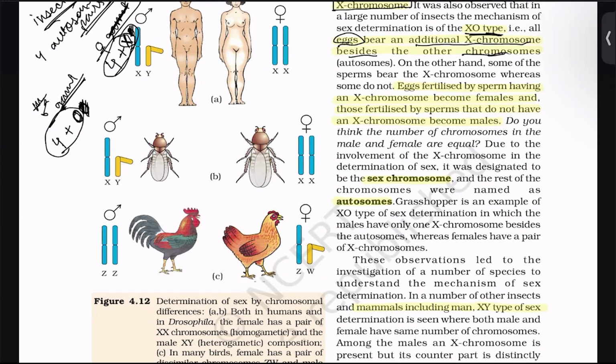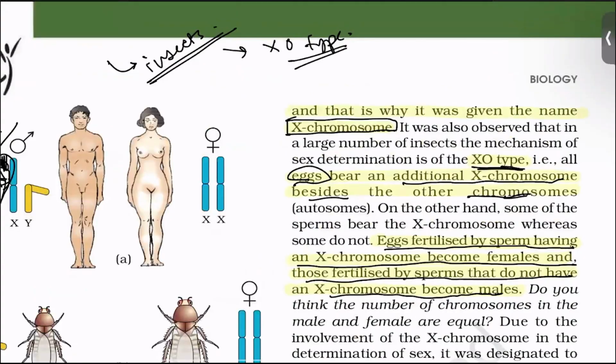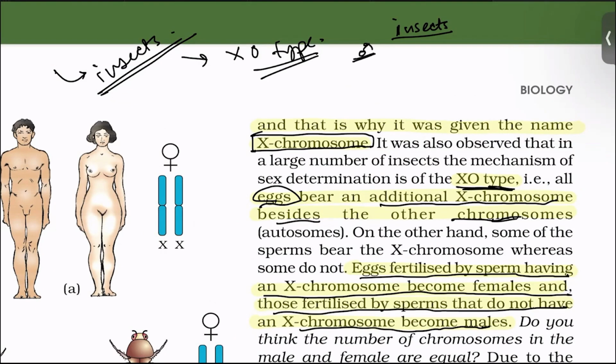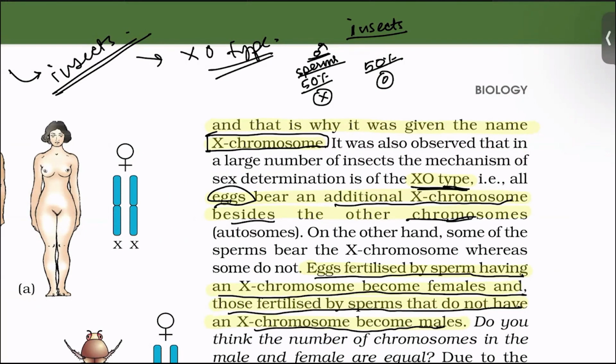And here you can see that eggs fertilized by sperms having an X chromosome become female, and those fertilized by sperms that do not have an X chromosome become males. So what happens in insects is males form sperms. 50% of sperms have the X body and 50% do not have anything. Female produces egg.